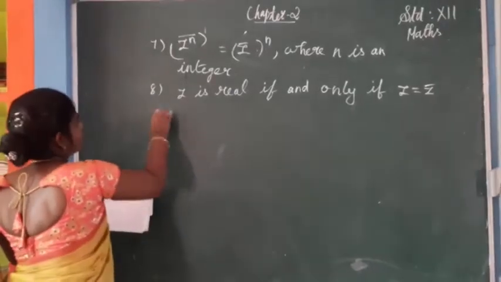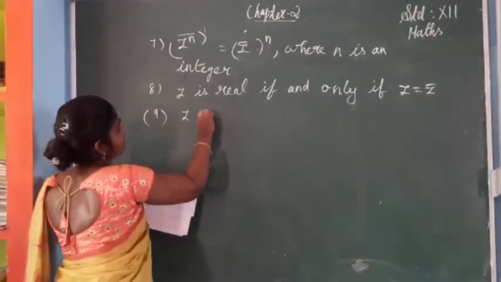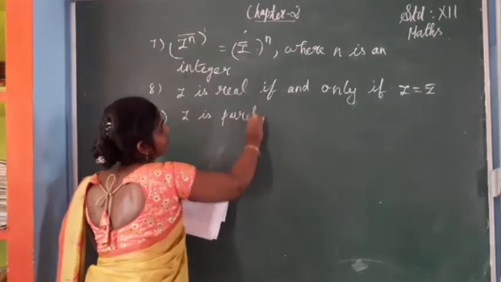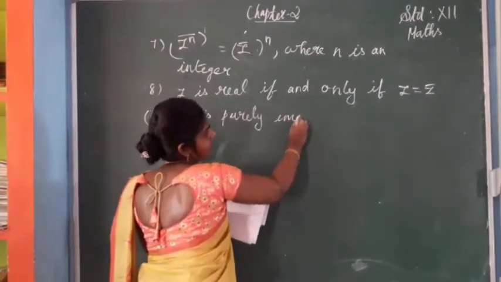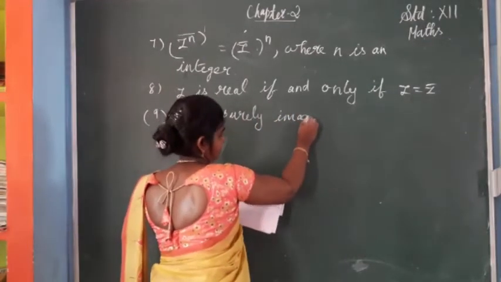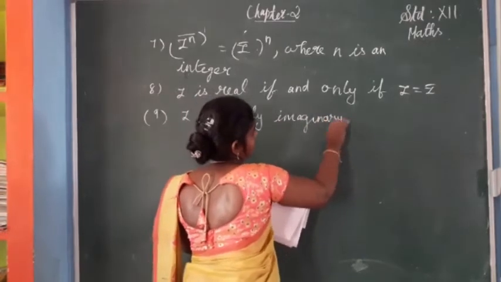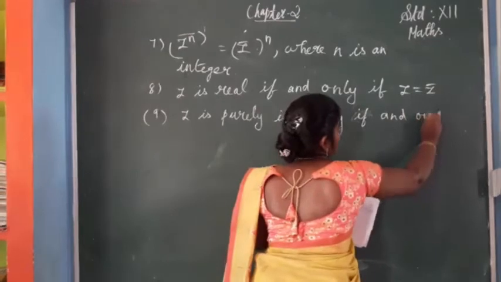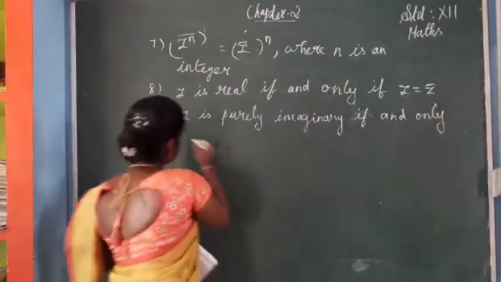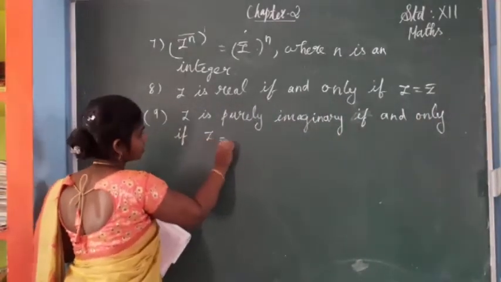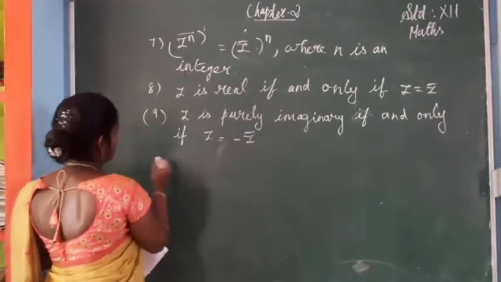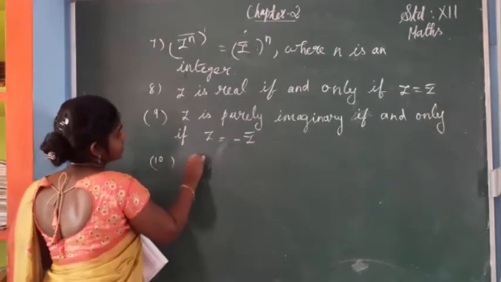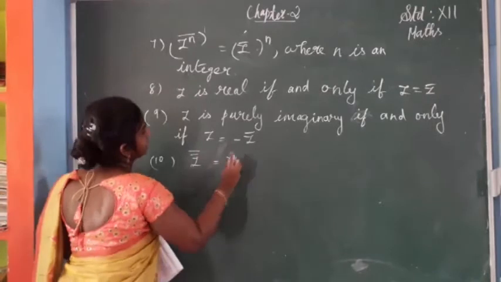Ninth one, Z is purely imaginary if and only if Z is equal to minus Z bar. Tenth one, Z double bar is equal to Z.